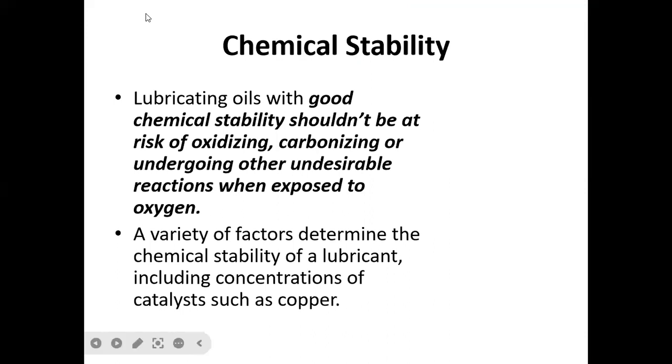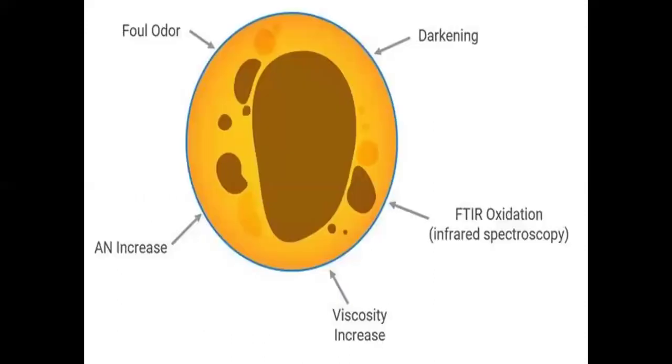A variety of factors determine the chemical stability of a lubricant, including concentrations of catalysts such as copper. So these are some of the evidences that our lube oil or lubricants are now in their decomposition state or are gradually deteriorating.